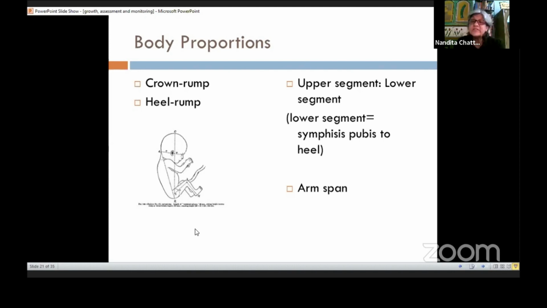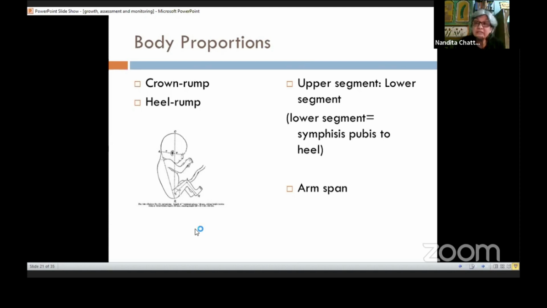Another very important measurement is the arm span. Extend both arms from the tip of the middle finger of one hand to the tip of the middle finger of the other hand. This is the arm span. Compare this to the length. Arm span to length of the individual is also another important ratio. We will talk about these in more detail when we talk about short stature.